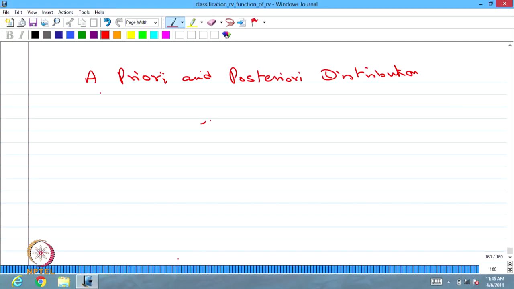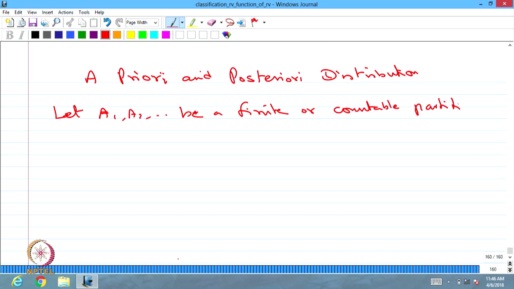What it says: let A1, A2 and so on be a finite or countable partition of omega.